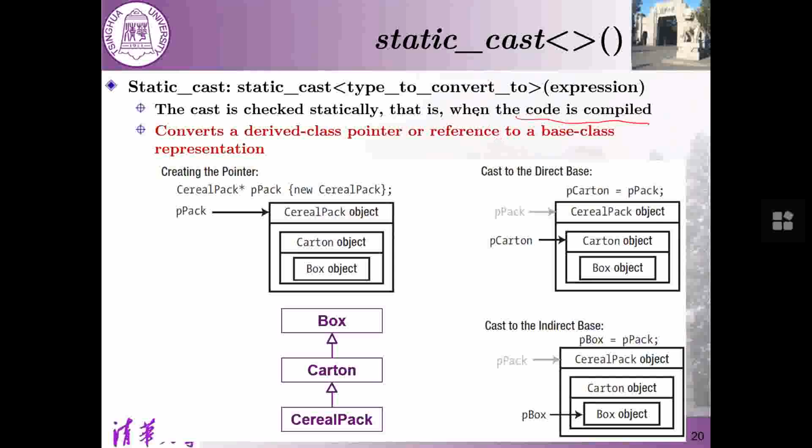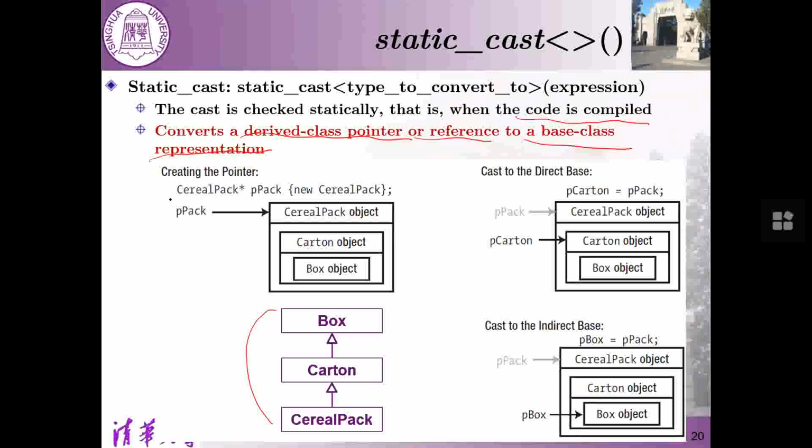It converts the derived class pointer or reference to a base class pointer or reference. If we have this class diagram, these are the derived classes of box: carton and zero pack. Then we can do this kind of cast, right?